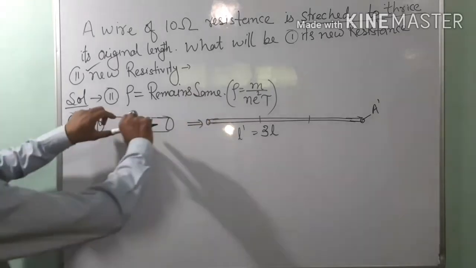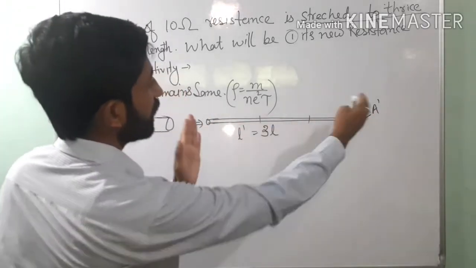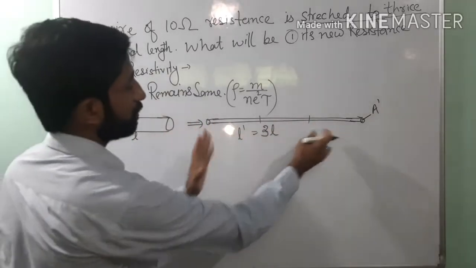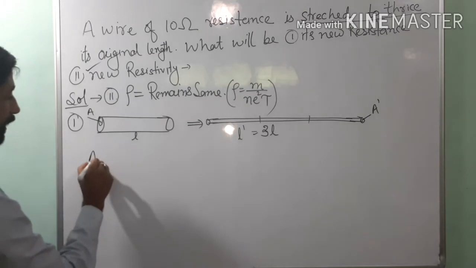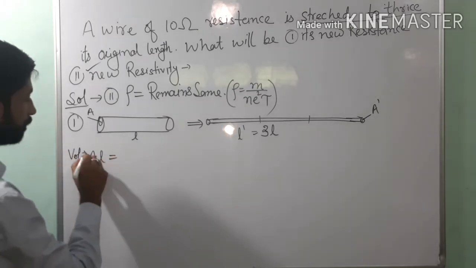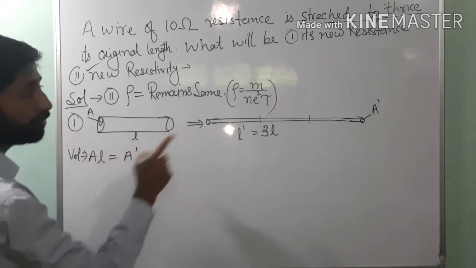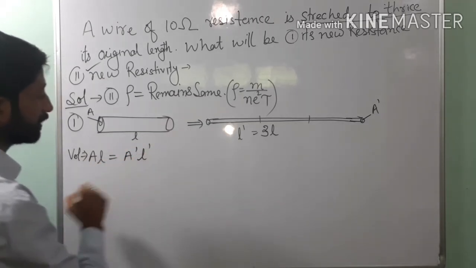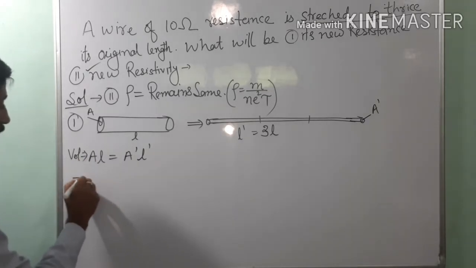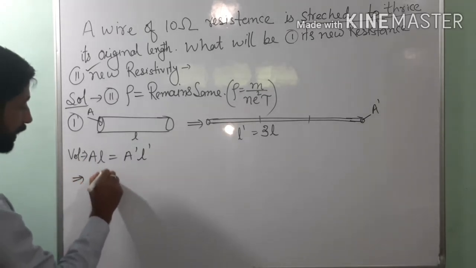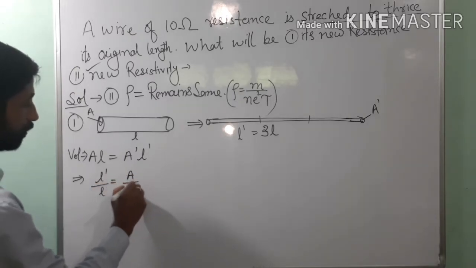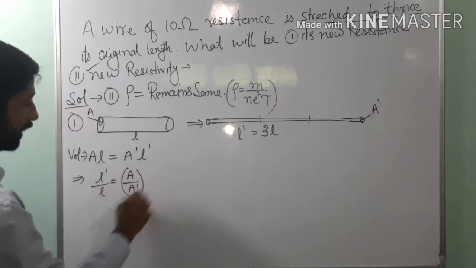Hopefully you must have got this. What is happening? On stretching the wire becomes thin but its length increases. Initial volume will be equal to final volume, that is A into L is equal to, suppose new area is A dash and new length is L dash. Agree? And from here, L dash upon L is equal to A over A dash.